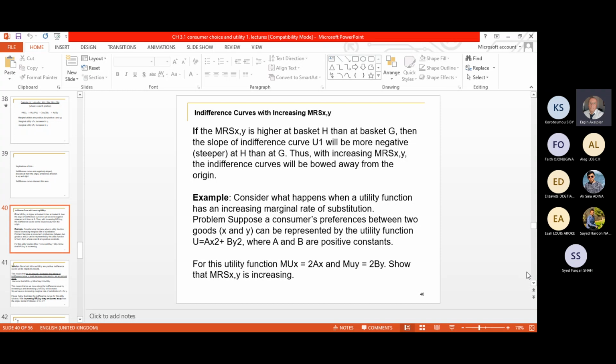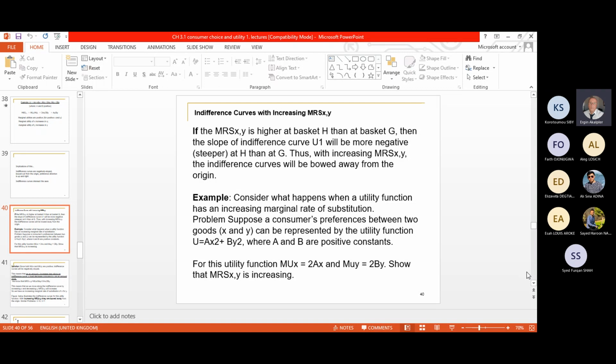If you give the example, consider what happens when a utility function has an increasing marginal rate of substitution. Suppose a consumer's preferences between two goods x and y can be represented by the utility function u equals ax squared plus by squared, where a and b are positive constants.